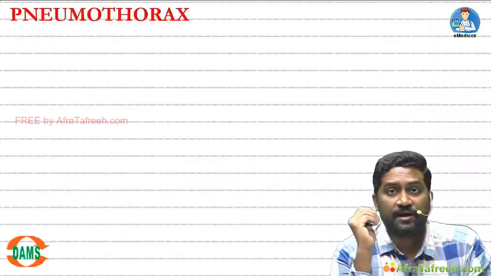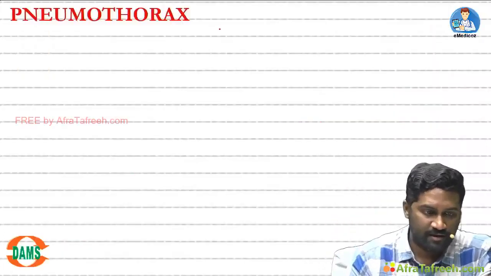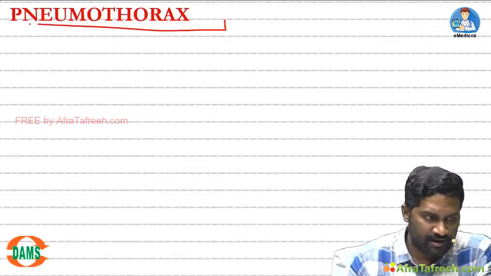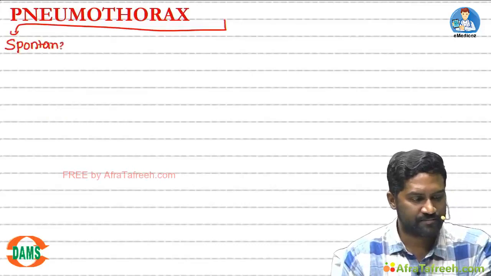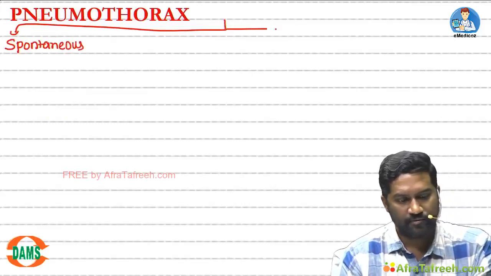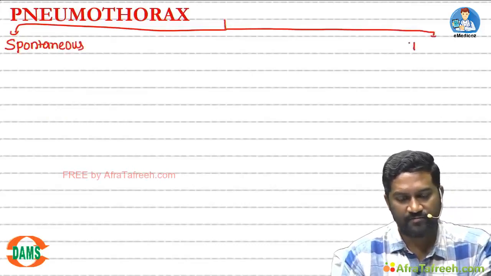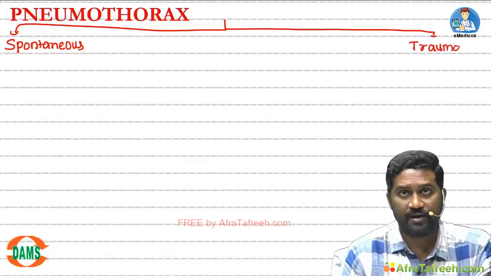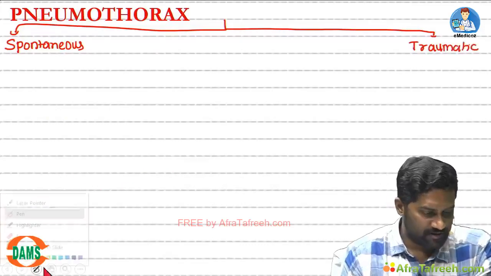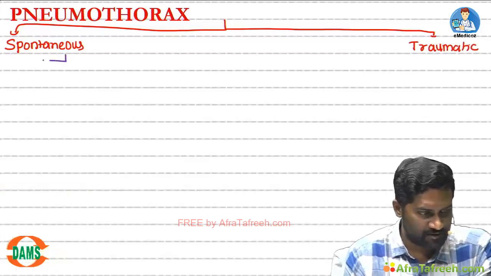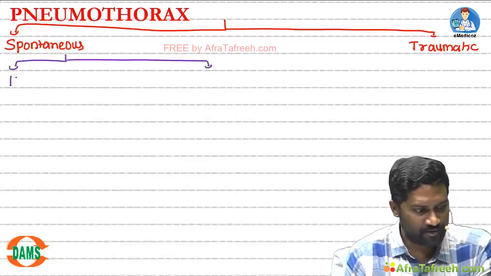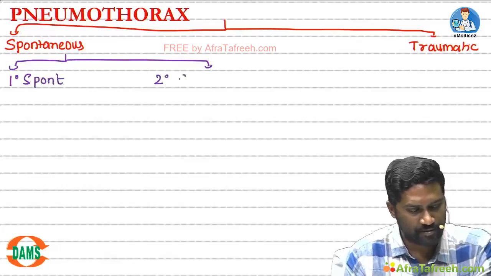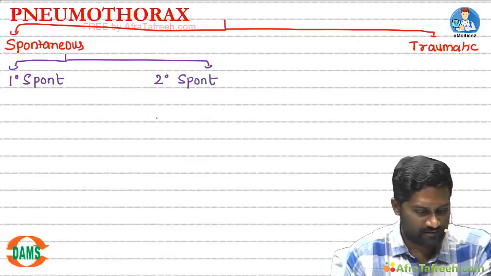Let us see the classification of pneumothorax. Pneumothorax is broadly classified into spontaneous pneumothorax, traumatic pneumothorax. Again, in the spontaneous pneumothorax, we have primary spontaneous, secondary spontaneous.